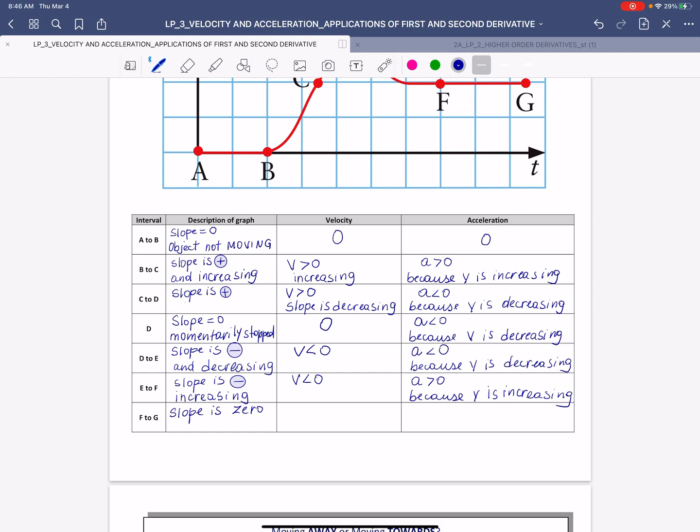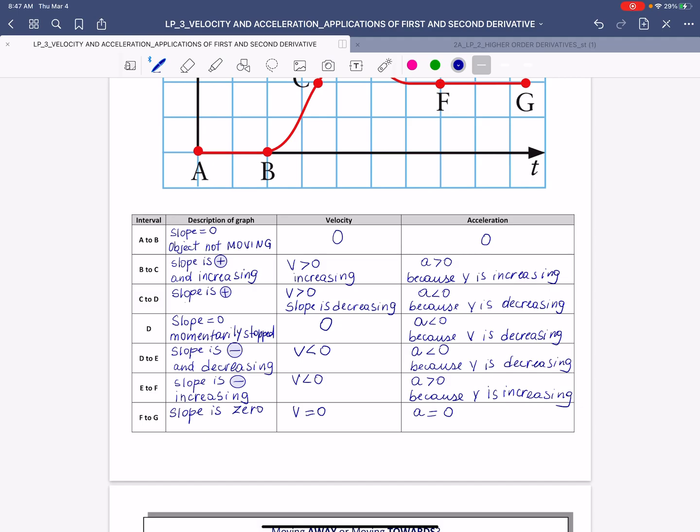It's a horizontal segment. When slope is 0, it means that the rate of change of position is 0, or velocity is 0. And velocity remains 0 for the whole interval, which means that velocity didn't change for the whole interval, and that makes the acceleration equal to 0 as well.